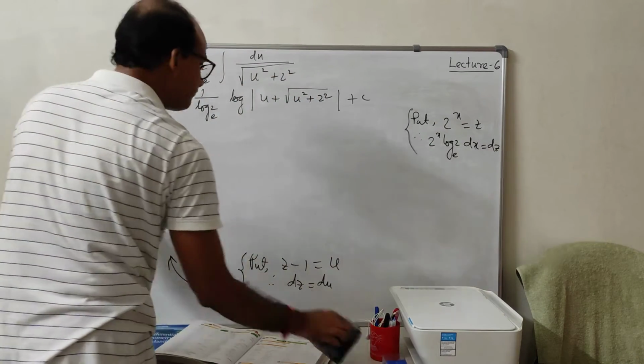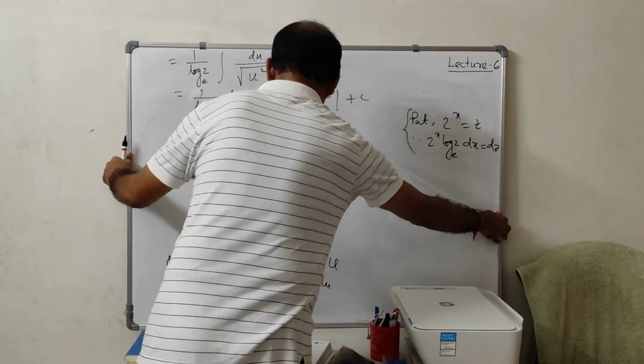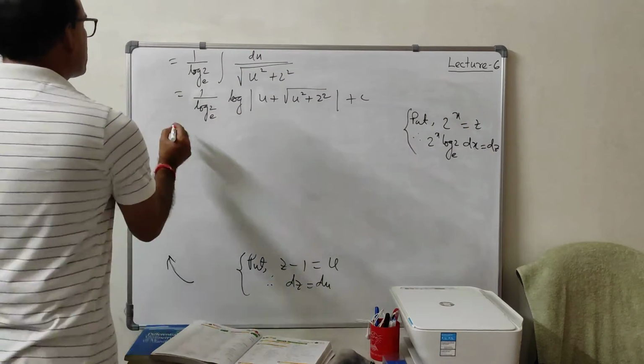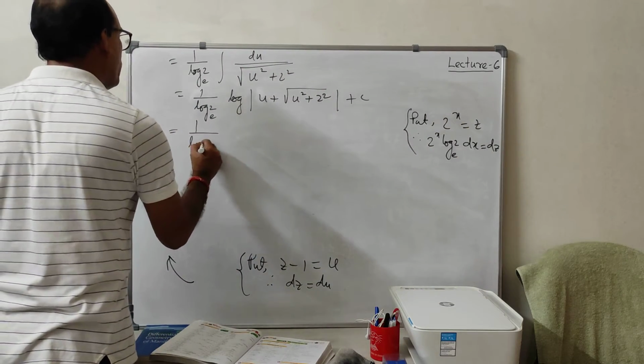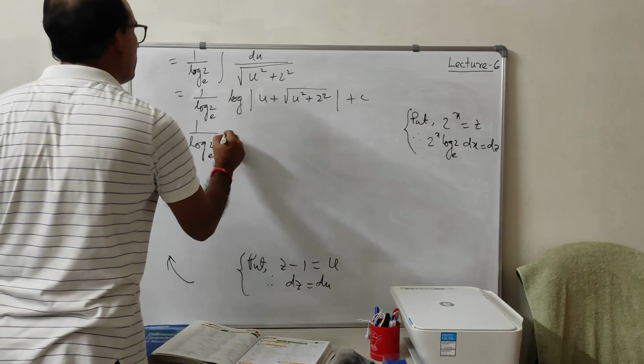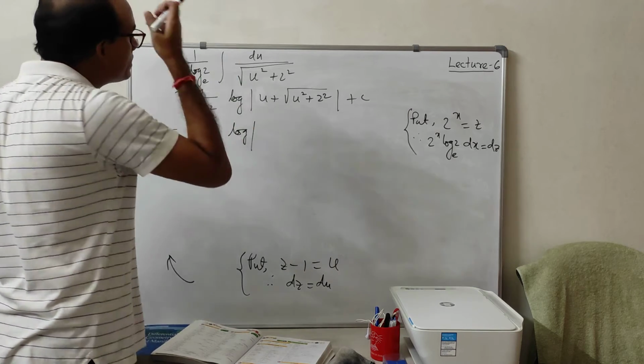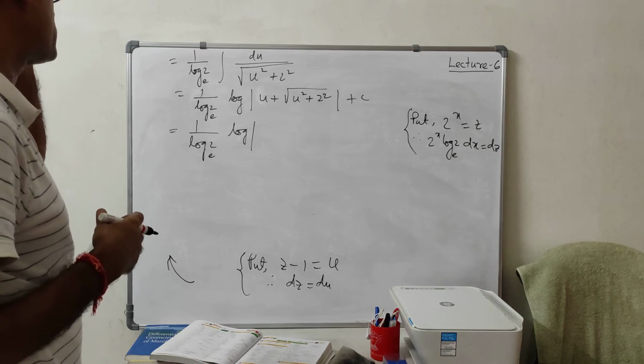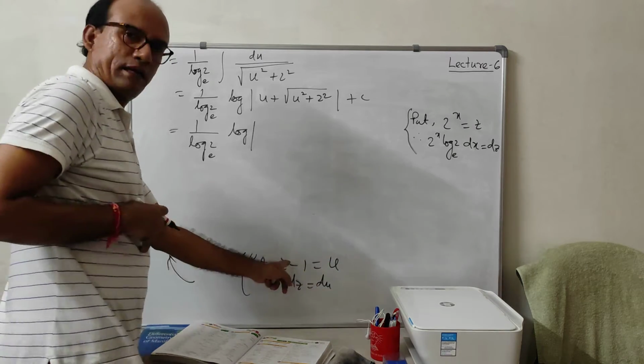Next, you have to bring back the original variable, which is x. What is u? u is z minus 1.